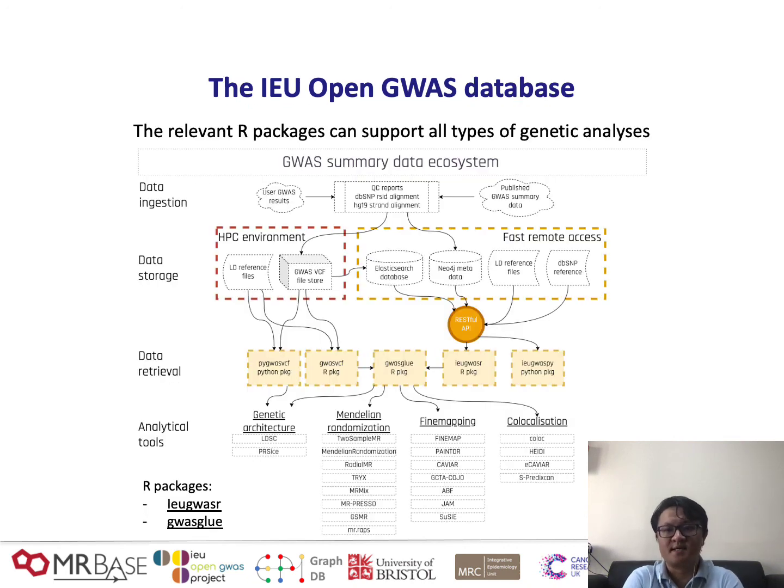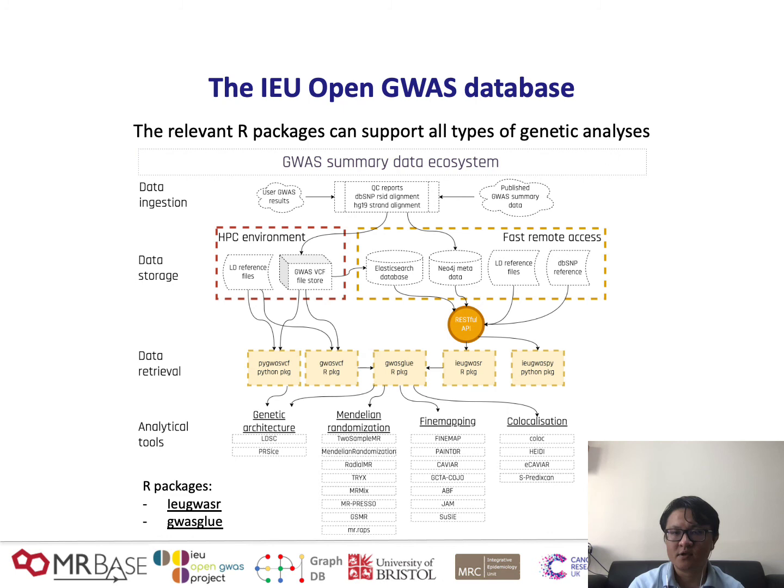To further extend the usage of GWAS summary statistics, we developed an ecosystem within the IEU OpenGWAS project. The ecosystem includes both database and analytical tools, which can be accessed via a few R packages, such as ieugwasr and gwasglue.